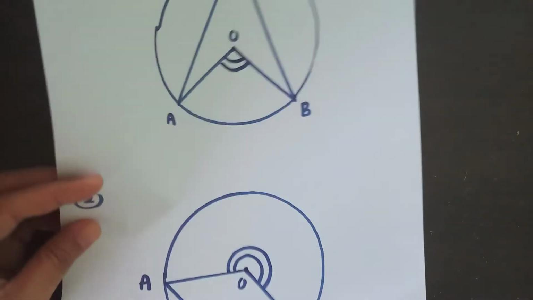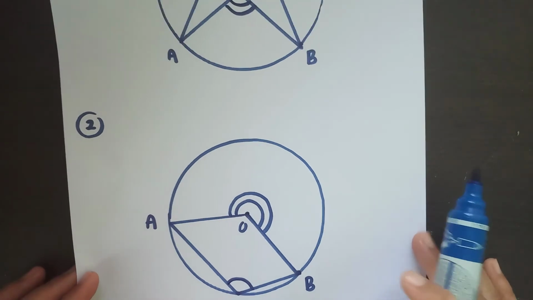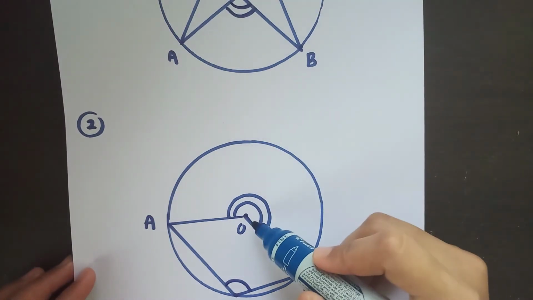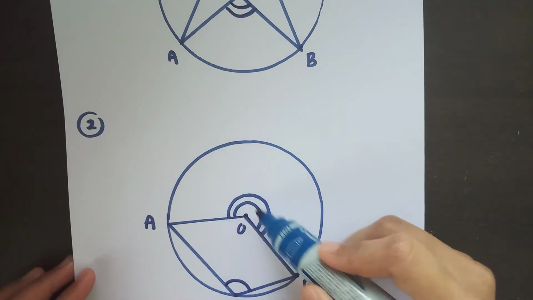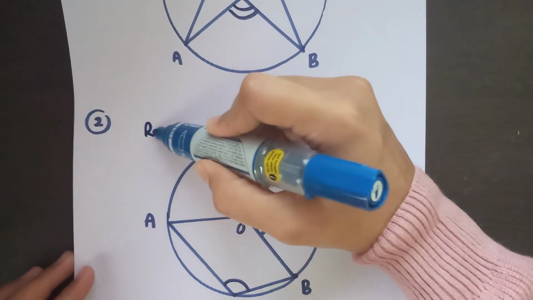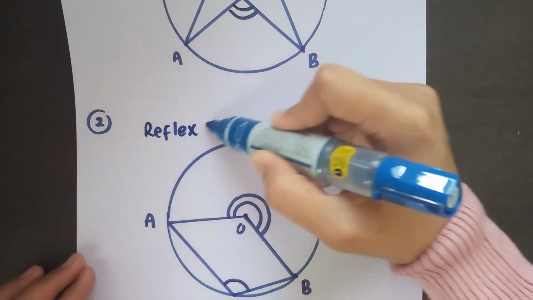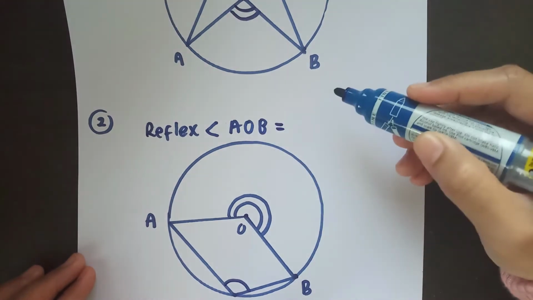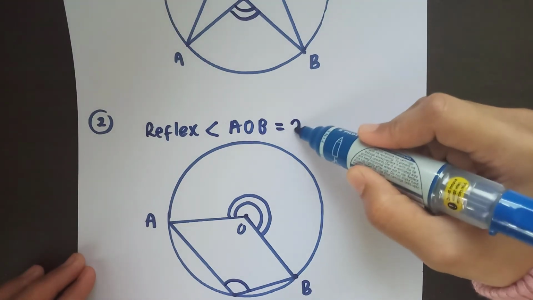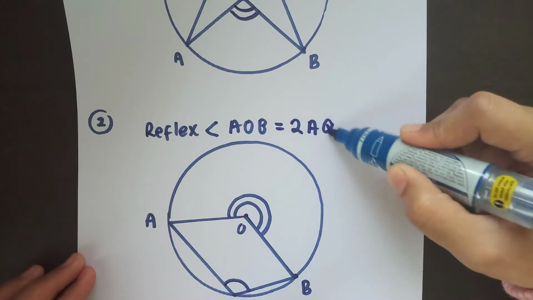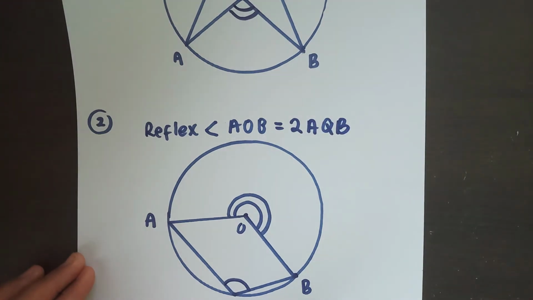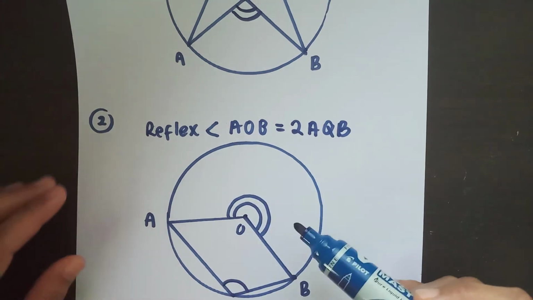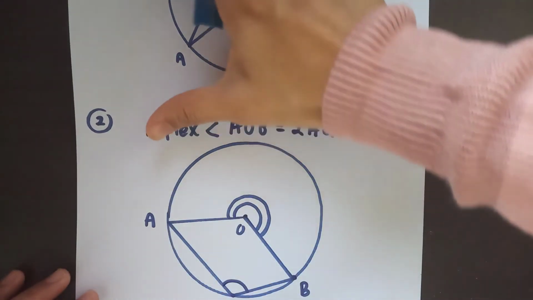If you want to write it in notation form, because we are dealing with the reflex angle, you can say the reflex angle of AOB is equal to twice the angle of AQB.